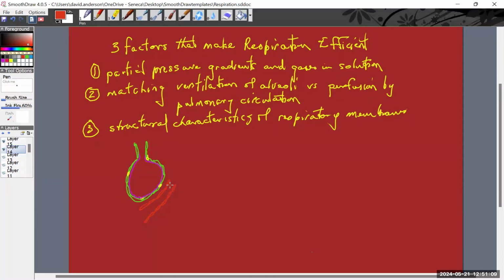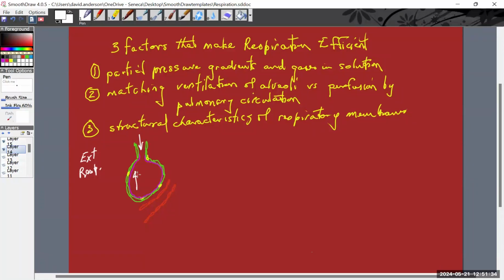And because we're up at the site of the alveolus, what we're discussing here would be considered external respiration, because the air would be delivered to the alveolus from the external environment, from the air that you breathe in.